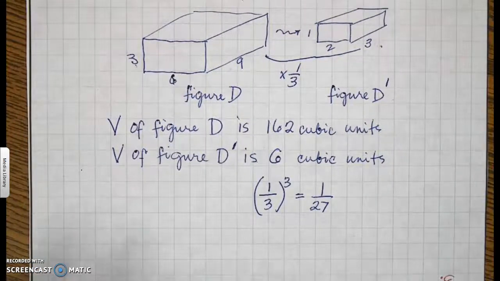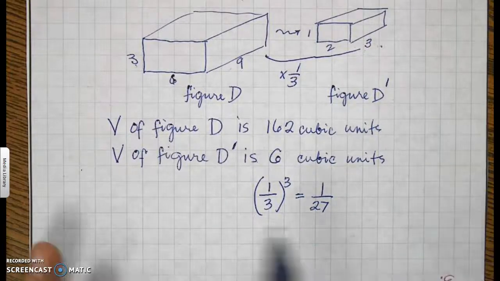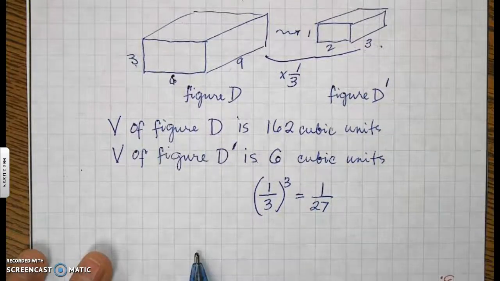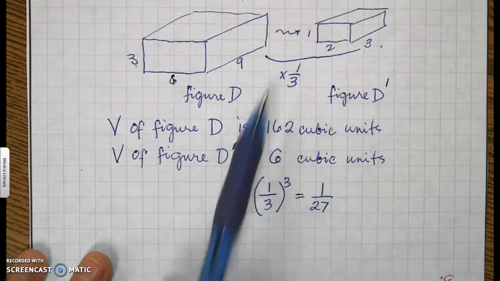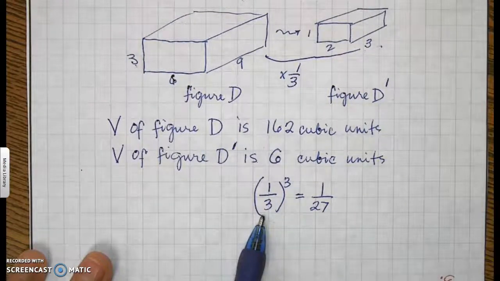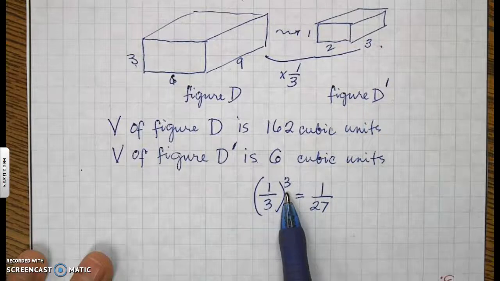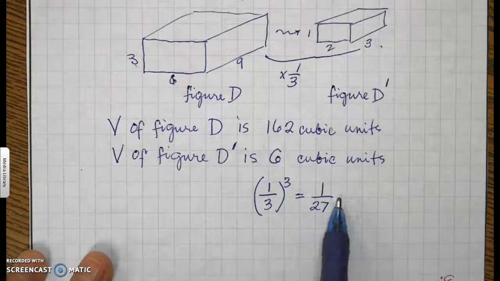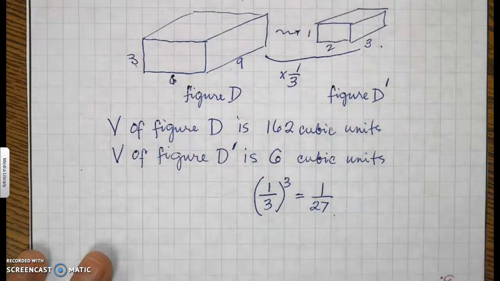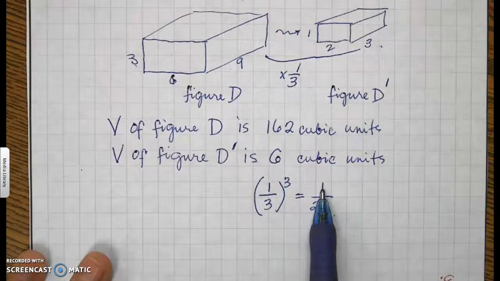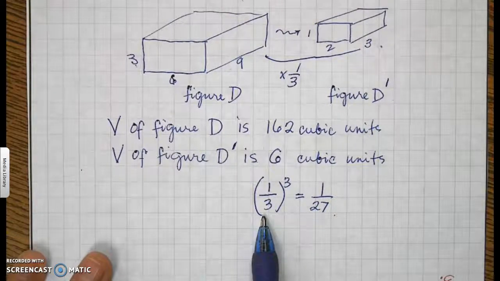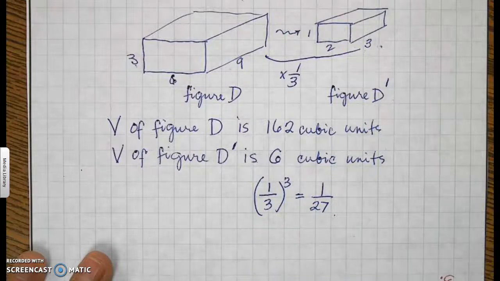So how does the principle of scale factor affect the volume? So let's look at this. What you do is you take the scale factor, which is 1/3, and you cube it. So this is going to end up being 1/27. 1 times 1 times 1 is 1. 3 times 3 is 9 times 3 is 27.